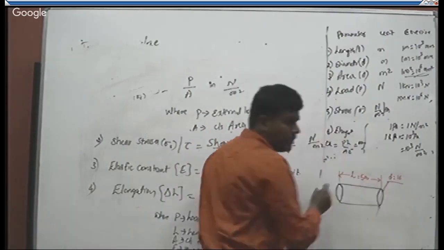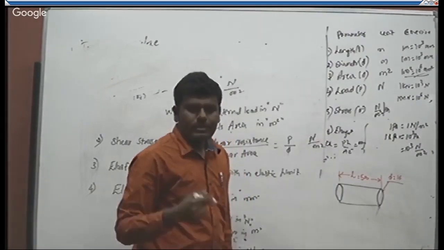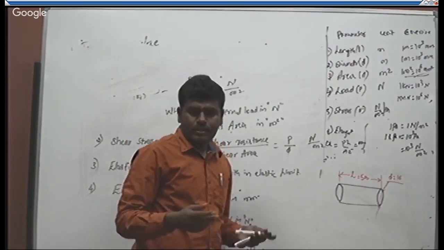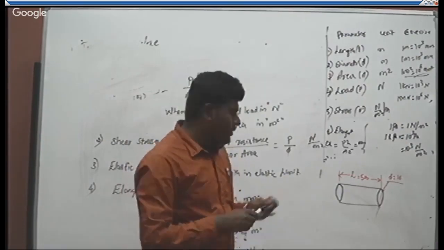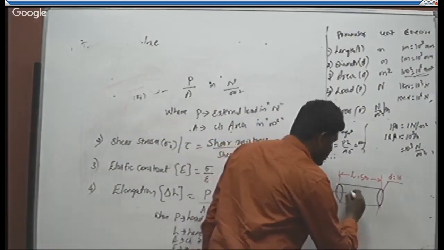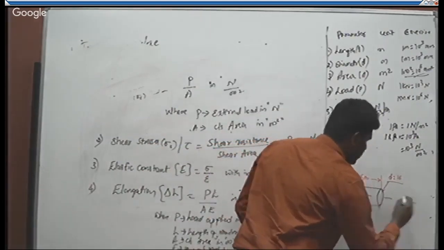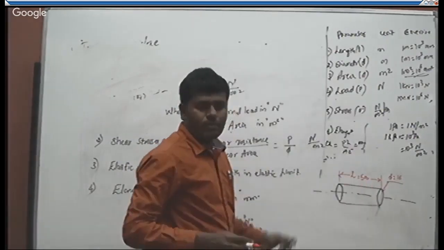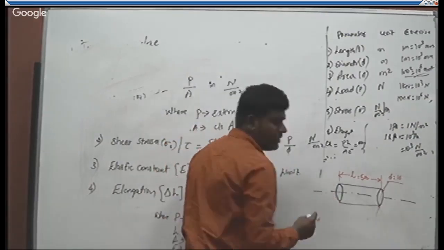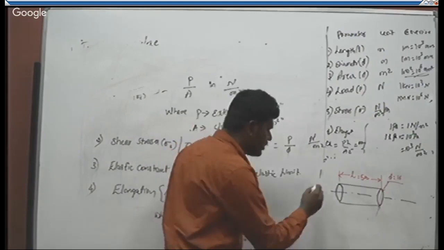Okay, so next, what have they given? They have given the type of force, which is tensile force. First we'll write the type of force. Say this is the axis of this rod. The tensile force will act away from the body.